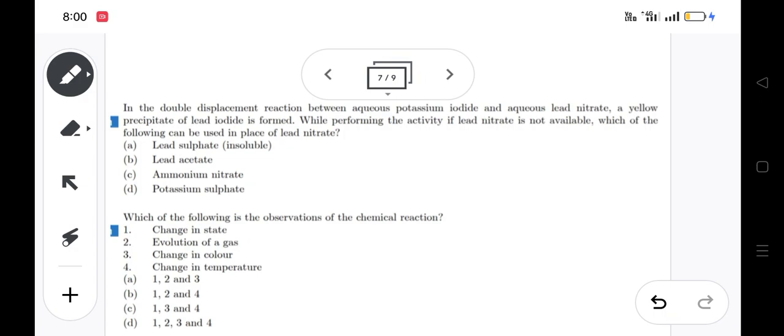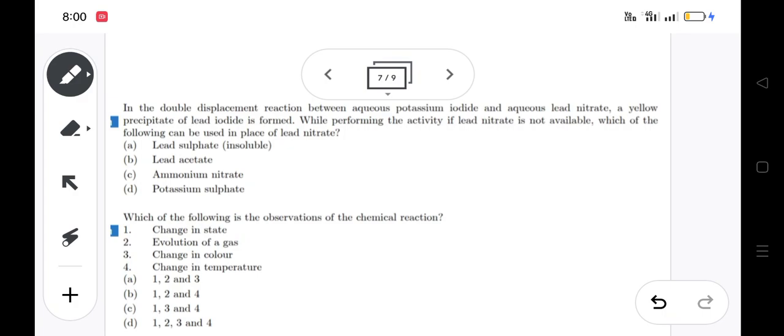While performing the activity, suppose in the lab, lead nitrate is not available. So which of the following can be used in place of lead nitrate? So we need to get the same lead iodide as precipitate. So instead of lead nitrate, which of the following substances can be taken? That is the question.